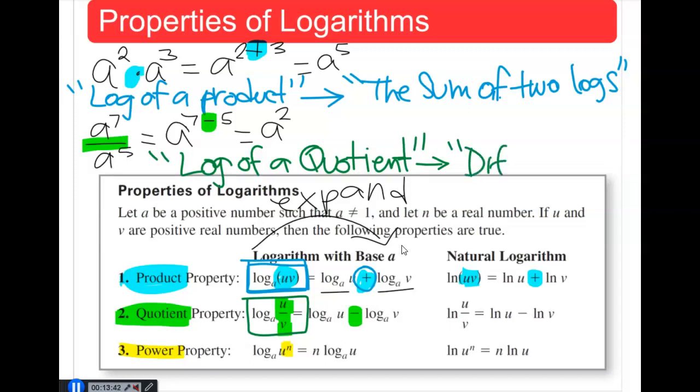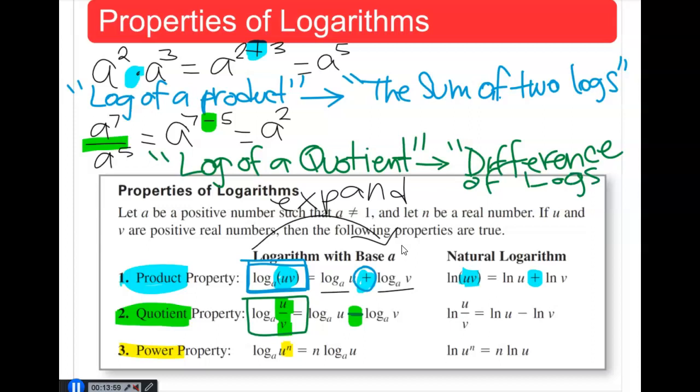Difference because we have a minus there. And in this case, it does matter which one has the positive and which one has the negative sign. Difference of logs.